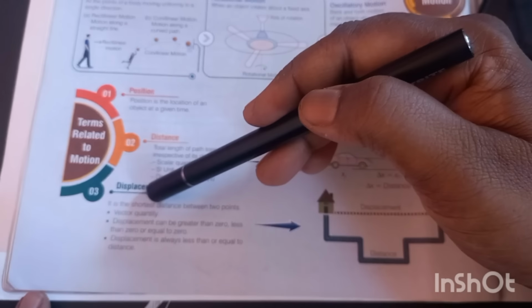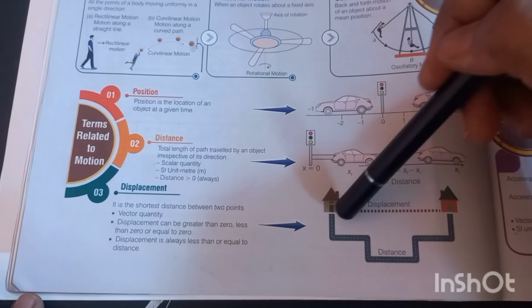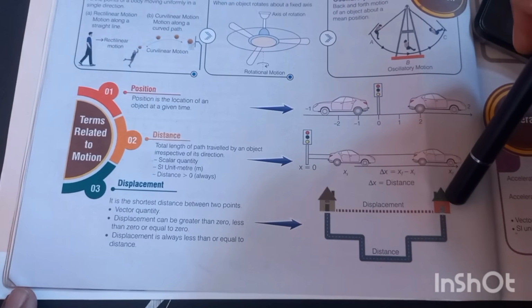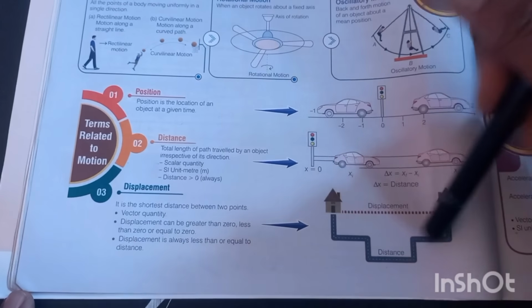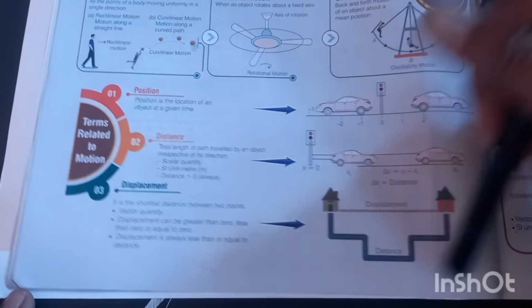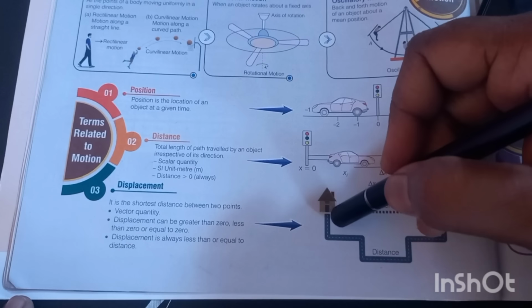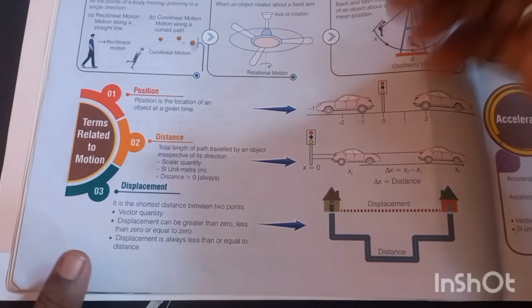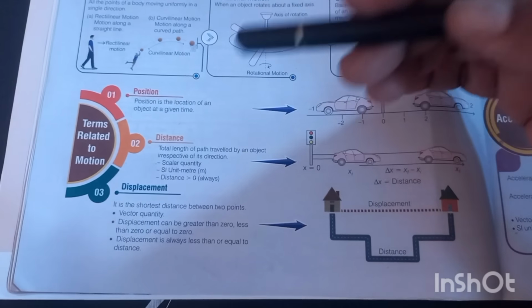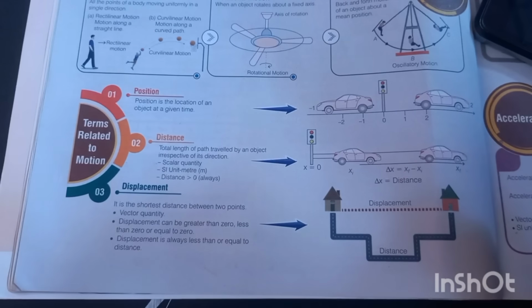Displacement is the shortest distance between 2 points. From your home to school, how much will be the shortest distance? You can take so many directions from home to school, but which is the shortest one? That is known as the displacement. Displacement can be 0, greater than 0, or less than 0.